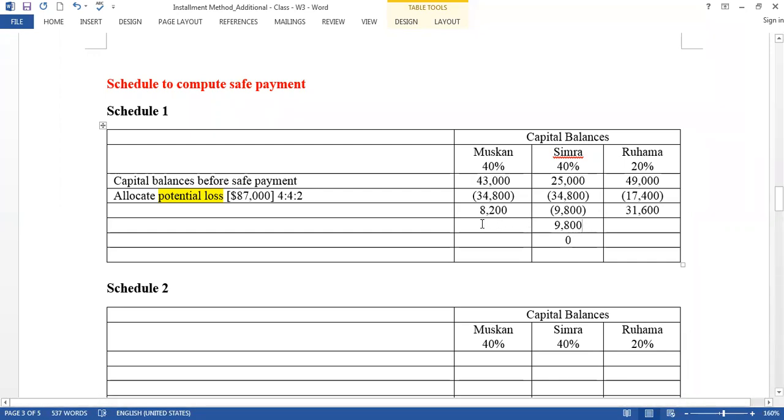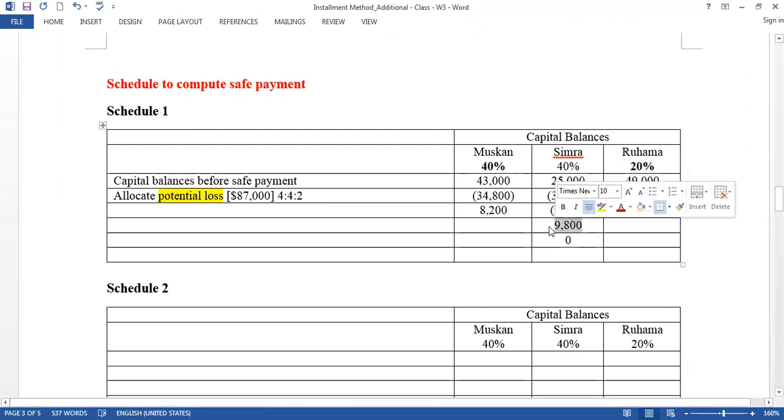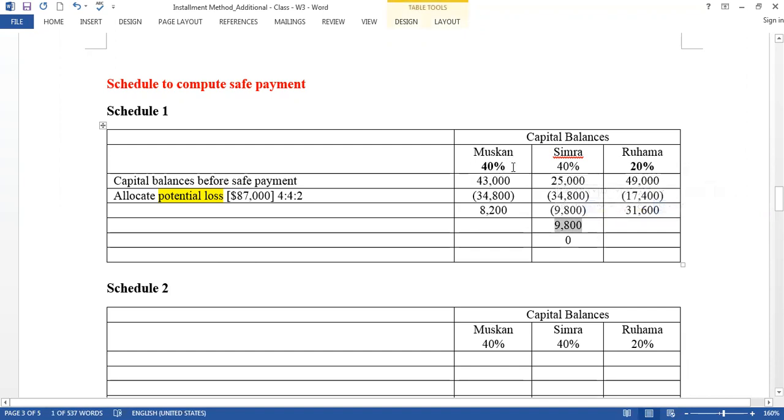That means Muskan shares some capital from here and Ruhama shares some capital from here, and they are going to share 40% and 20%. Do you understand? So total capital deficiency is 9,800. So Muskan will share 40% and Ruhama will share 20%.